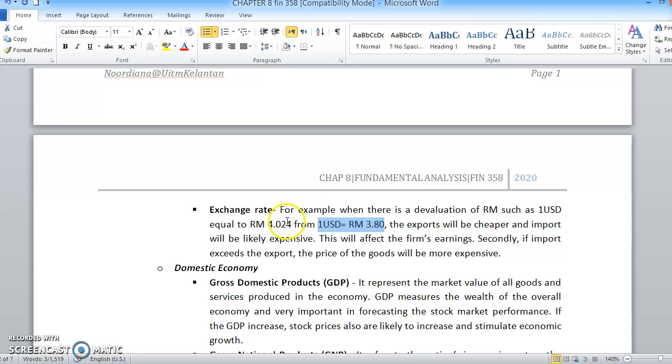Ringgit, nilai ringgit yang menurun. Okay, kalau previously 3.8 for 1 US dollar, so sekarang nilai mata wang Malaysia menurun kepada 4.0. So you have to have 4 ringgit, right?